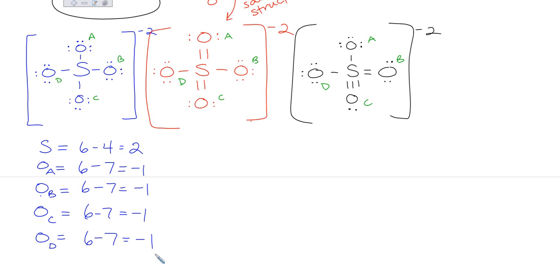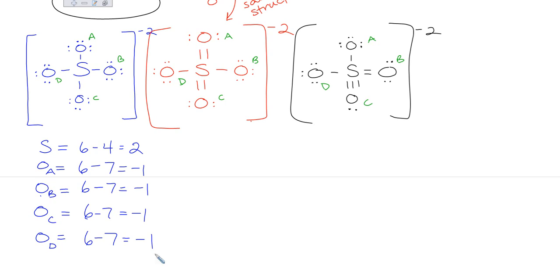Does that make sense, how I got the formal charge on the oxygens? Normally 6 valence electrons. On each oxygen, there are 6 electrons in those lone pairs. Those count just for the oxygen. And then in the single bond, there are 2 electrons shared, and we split them equally. 1 went to sulfur, 1 went to oxygen.